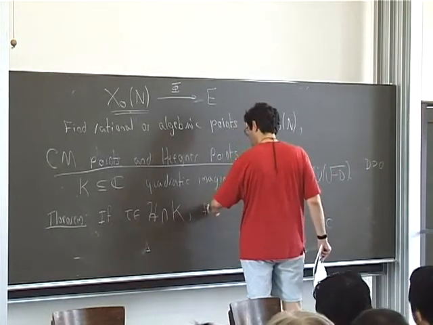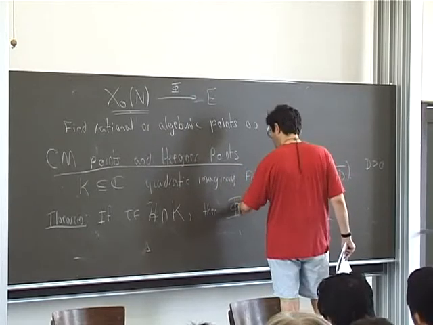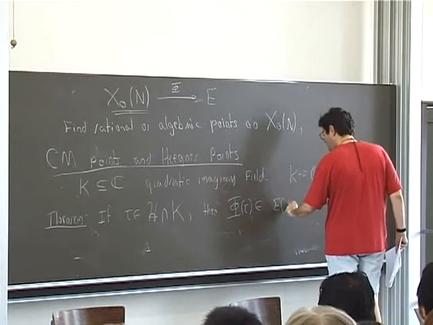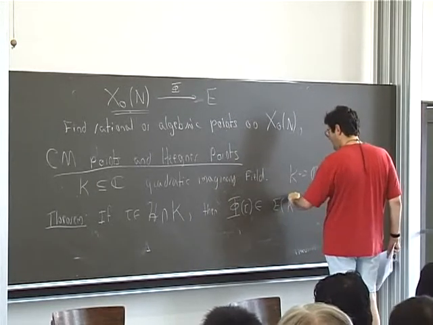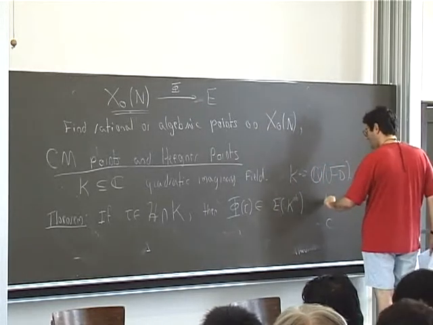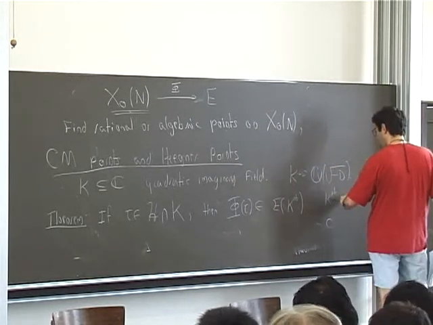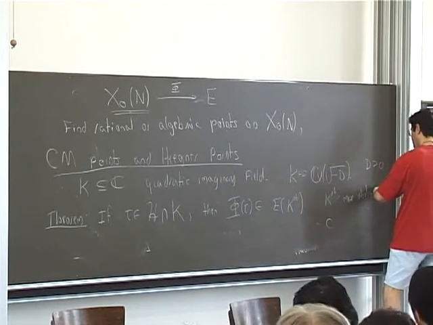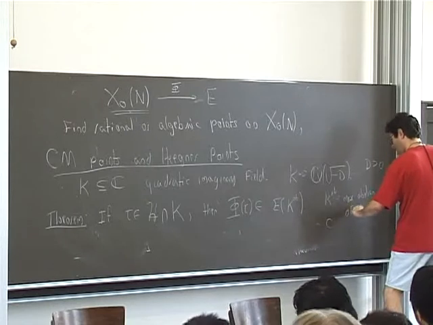Then phi of tau belongs to E of an algebraic extension of K, but it's an abelian extension of K. So it belongs to E(K^ab), where K^ab is the maximal abelian extension of this quadratic imaginary field K.